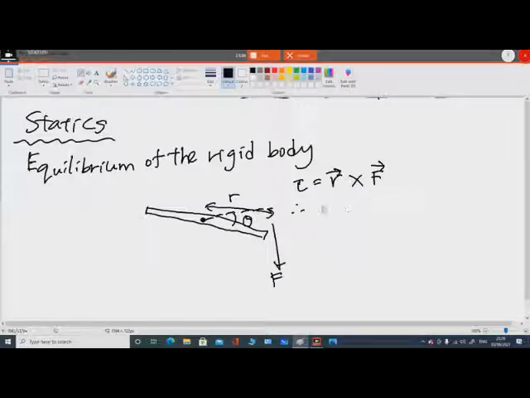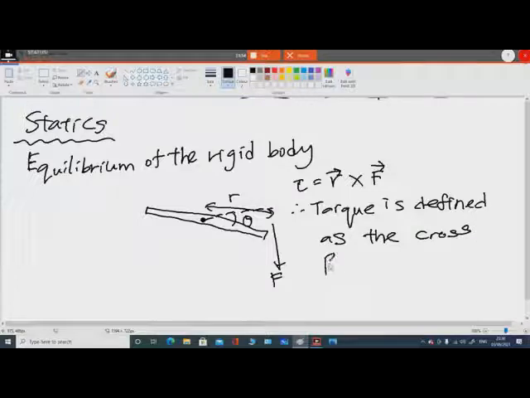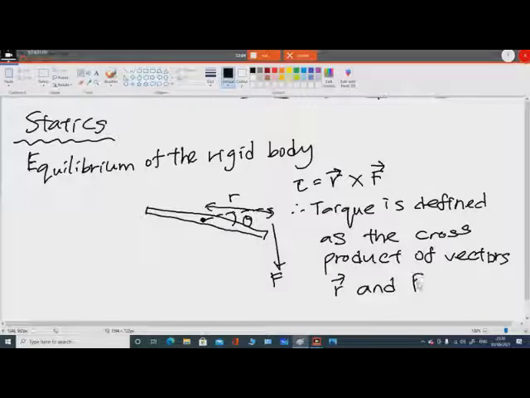So torque is defined as the cross product of vectors R and F. Cross product means that it is R F sine theta.